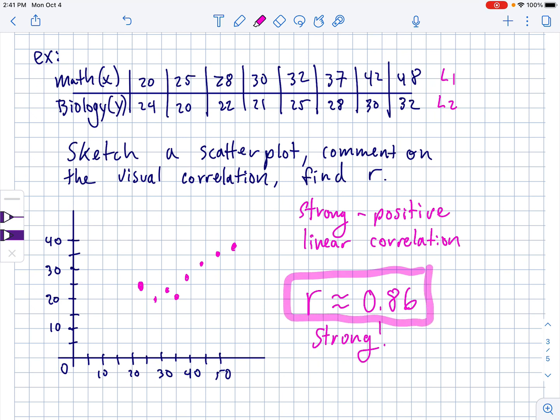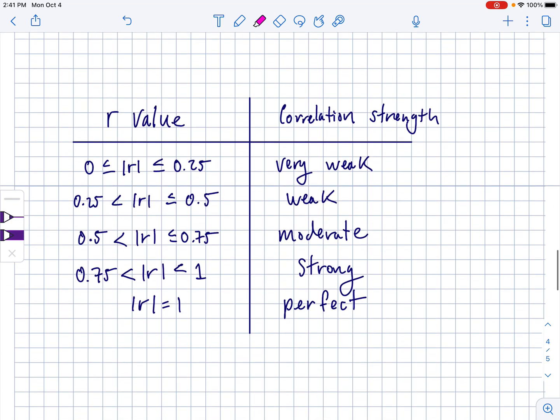Now, you might look at this number right here and be like, well, okay, but what if it was 0.8 or 0.75 or 0.7? Would I still call it strong? Where's the cutoff between strong and moderate and weak? Well, in general, know that towards 1 and -1 is stronger and towards 0 is weaker. But there actually is a table that tells you how to describe it based off the Pearson's.